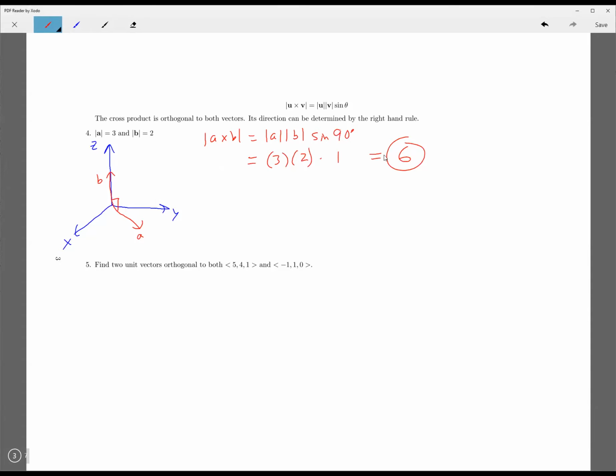Okay, so now for the second part, it says use the right-hand rule to decide whether the components of A cross B are positive, negative, or 0. So the right-hand rule, so if we're taking A cross B, go from A to B. As you go from A to B, if you kind of stick your fingers there, then let's see here. Dang it. This is kind of a challenge.